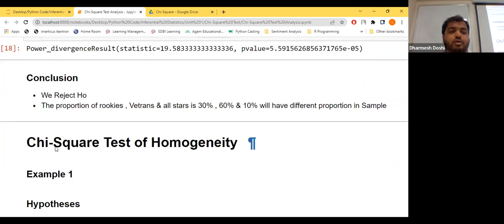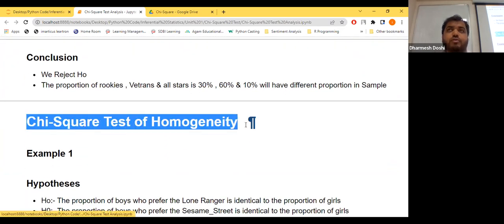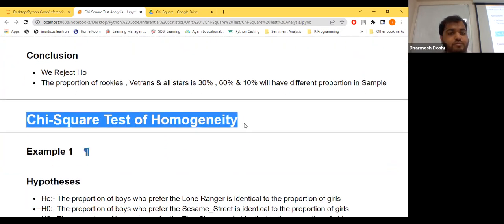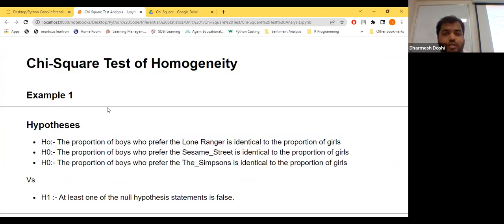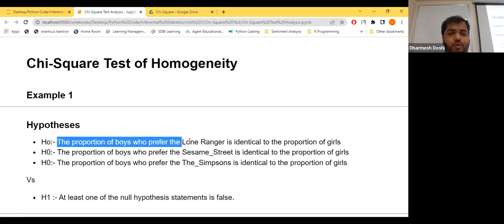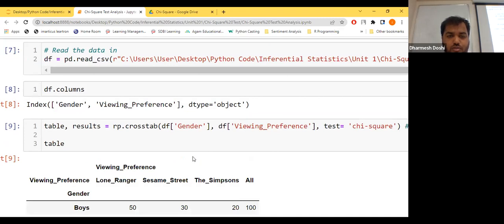Next. Chi-square test of homogeneity. We frame the hypothesis. Guys, this example you have written right now only. Same data I have taken over there. I say the proportion of boys who prefer, the names are changed.